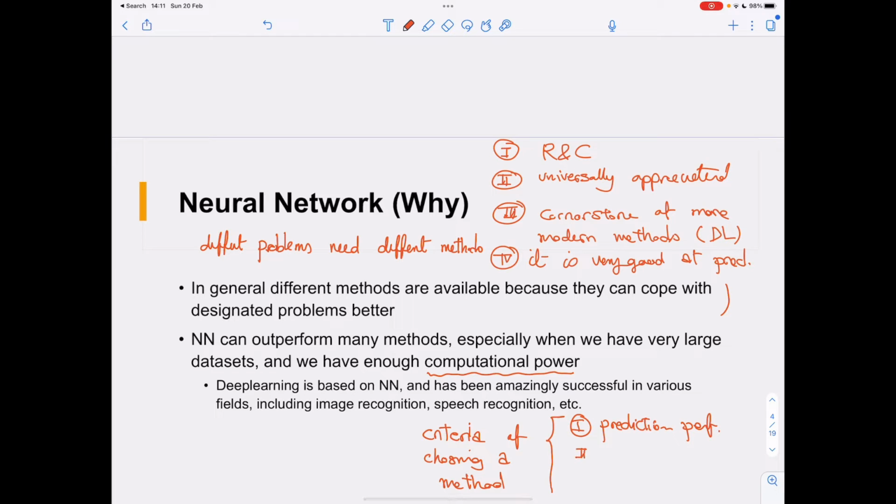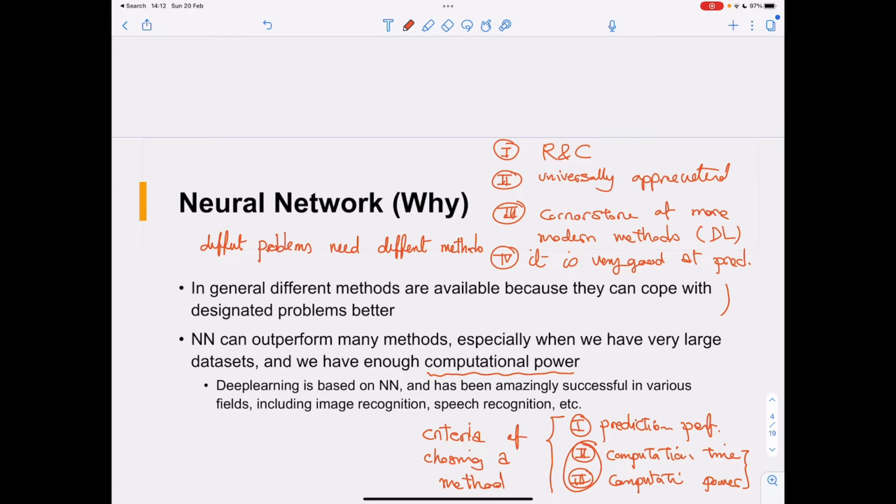But it's not all about prediction performance. One might be computation time, and the other computation power that it requires. These two are closely related. When you have more computation power, definitely you have less computation time. So it's better to put them into one item, but still it is important.